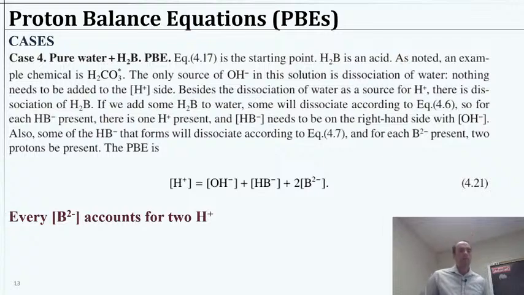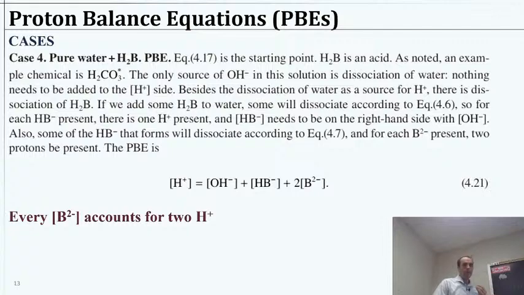Okay, so let's take pure water plus this H2B. This is sort of what I was alluding to earlier. So in this case, when we add H2B, we'll have to stop and think about, okay, what are all of our sources for acids and bases? Of course, H2CO3 is a good example for this.